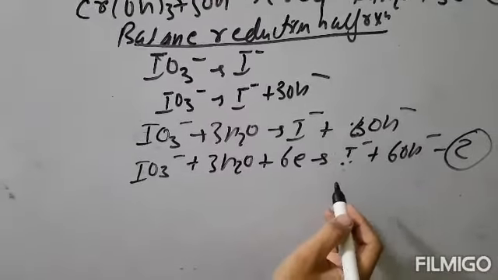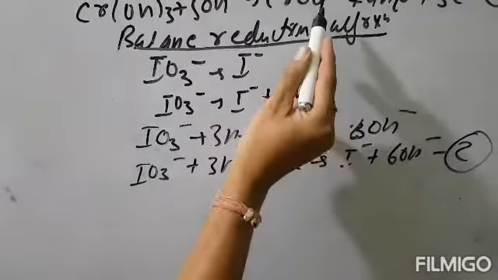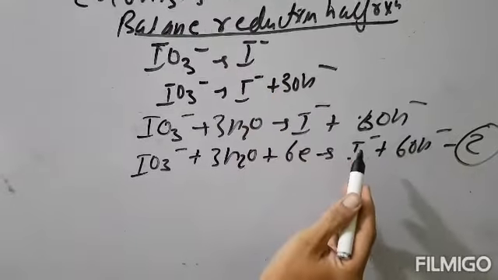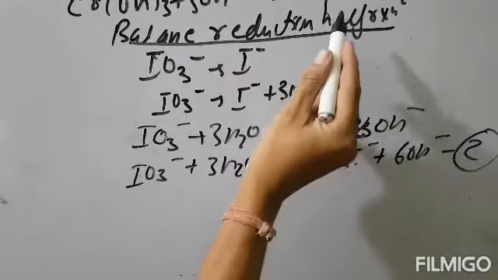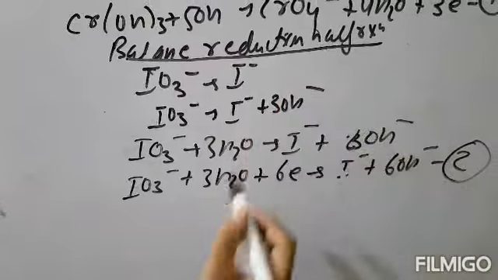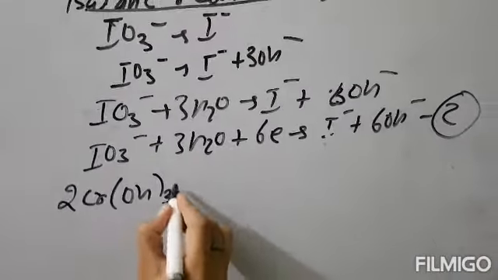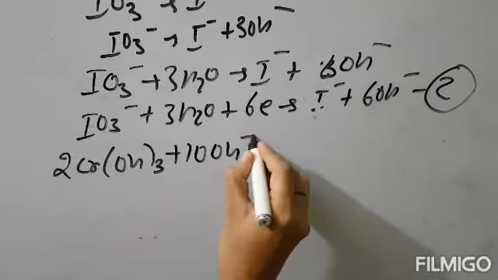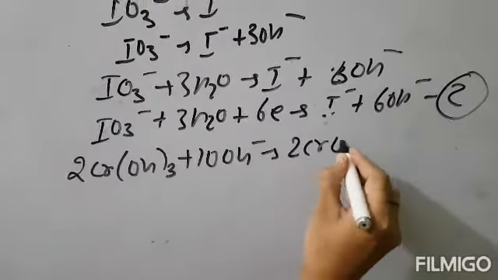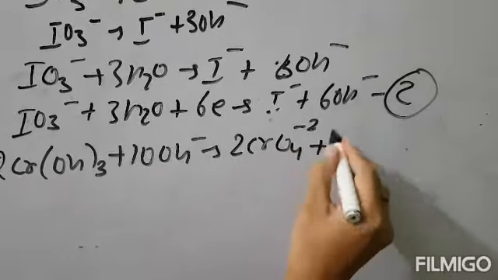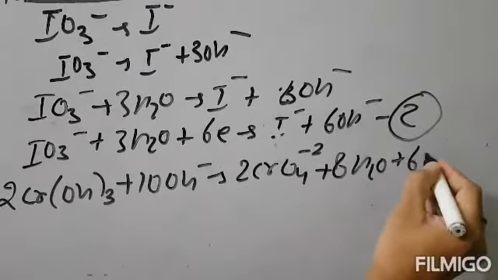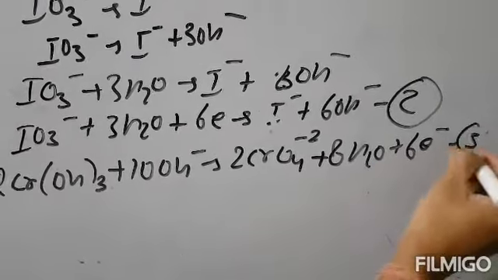Now balancing the number of electrons in equation 1 and equation 2. The first equation is multiplied by 2. So we are getting here 2Cr(OH)3 plus 10 OH- will give 2CrO4 2- plus 8 H2O plus 6 electrons. This is our equation 3.